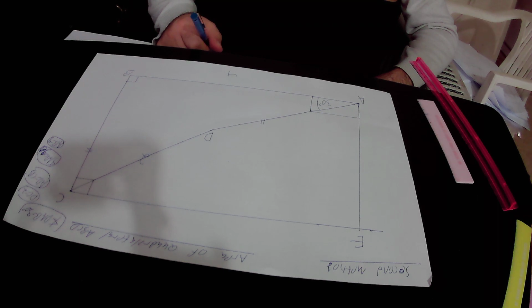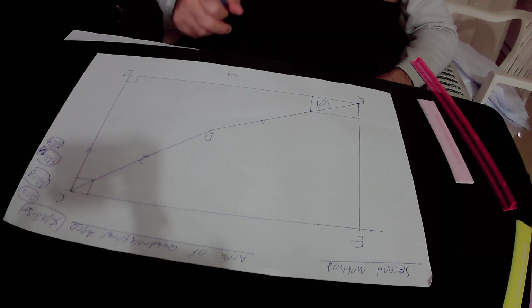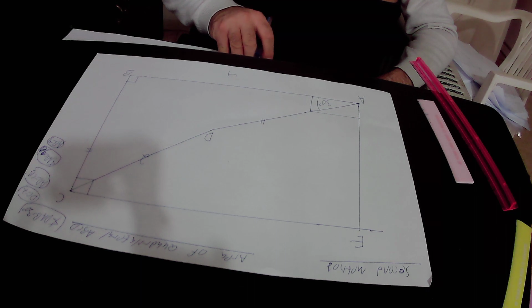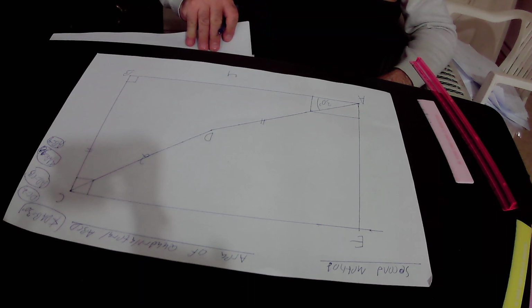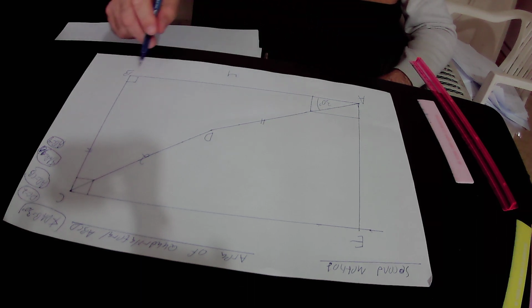So by doing our constructions, we actually created quadrilateral ABCE, this quadrilateral. In quadrilateral ABCE, we have 3 right angles, 1, 2, 3.